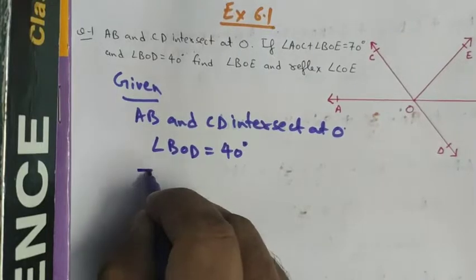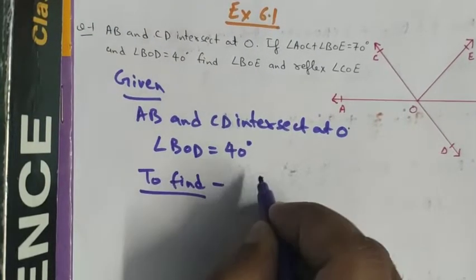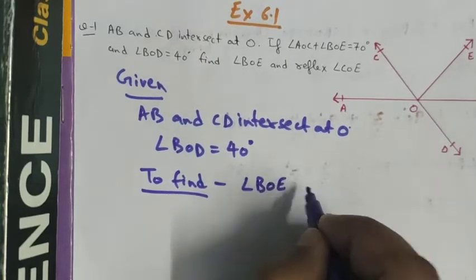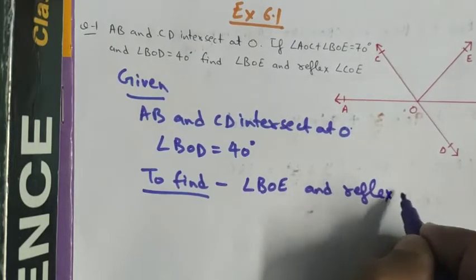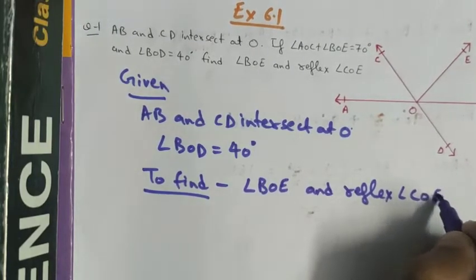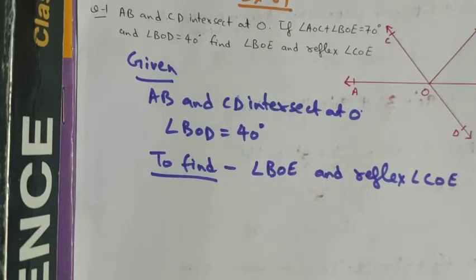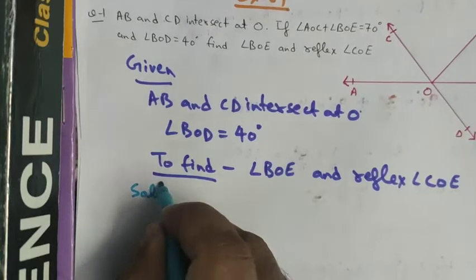And what we have to find? We have to find angle BOE and reflex of angle COE. So look how we will solve this. We will be starting the solution.